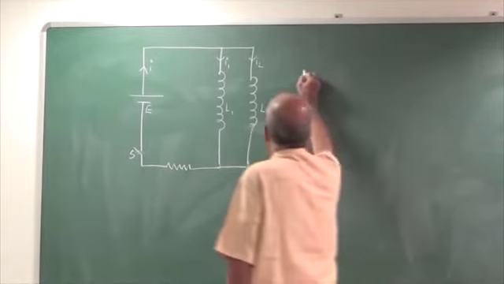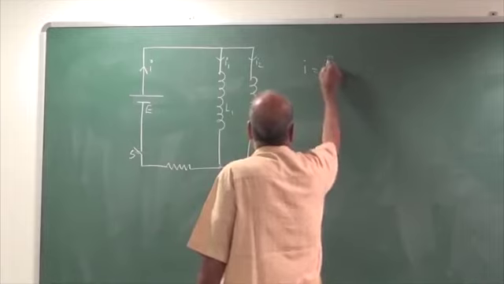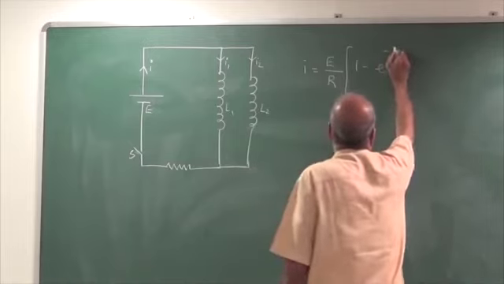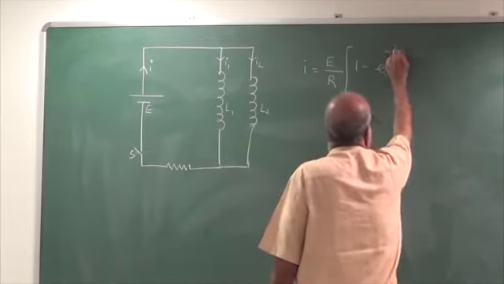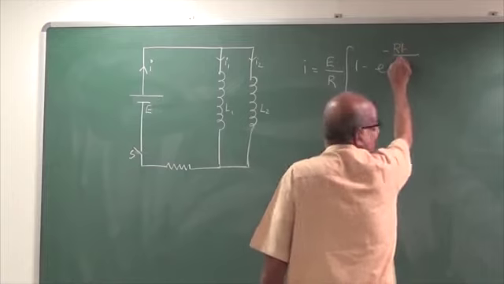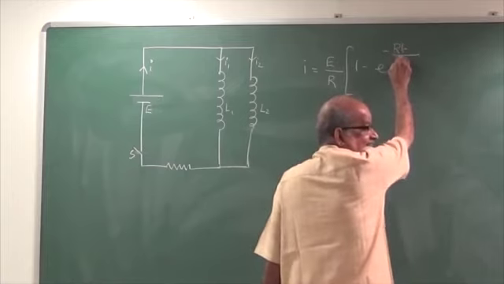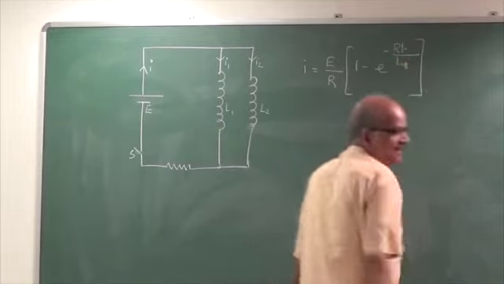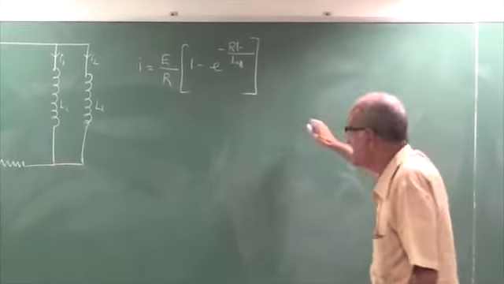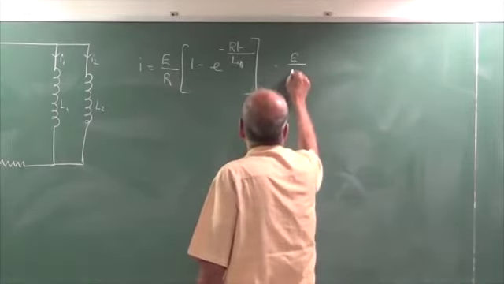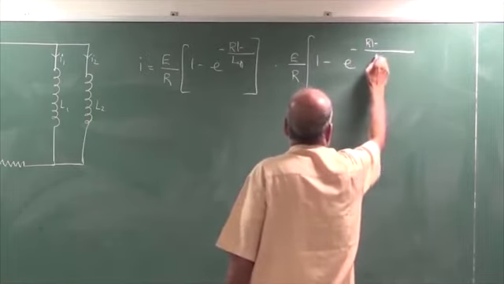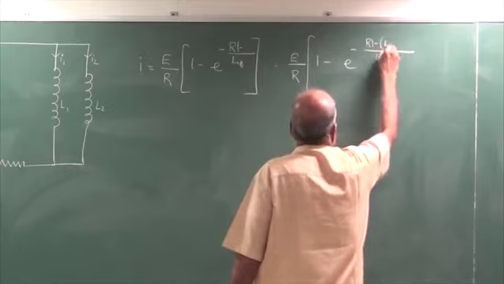What is the main current? It is E by R into 1 minus e power minus R t by L. What is this L here? L effective, correct now? Because there are two L's in parallel now. So it is E by R into 1 minus e power minus R t by what is L effective? L1 L2 by L1 plus L2, because they are in parallel.